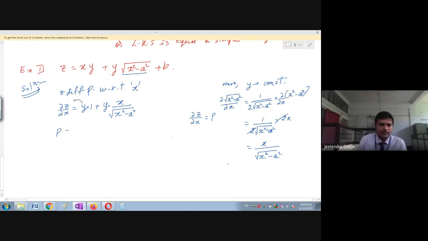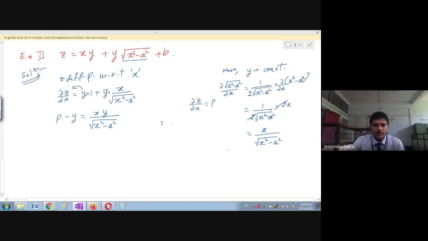We'll bring this y on this side. We'll take this as minus y, which is equal to, I'll just rewrite this, x y divided by square root of x square minus a square. I will keep this equation as it is. Otherwise you can take this as equation number 2, because we are going to take this as equation 1.